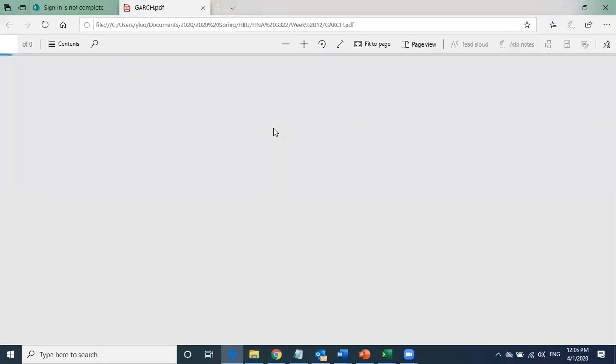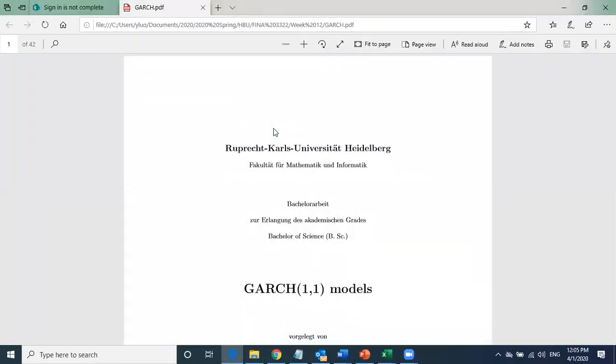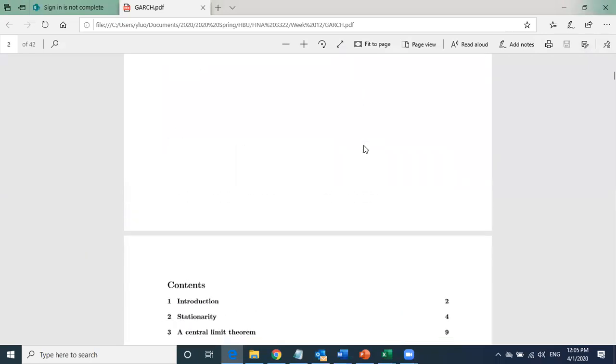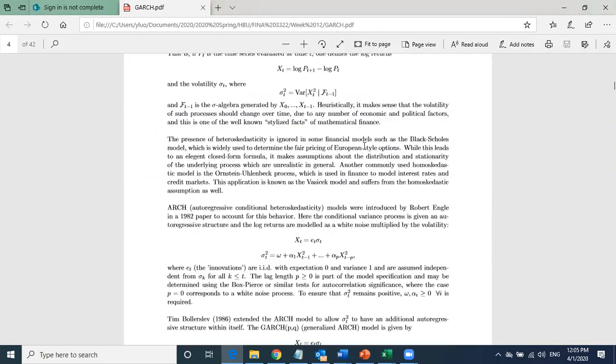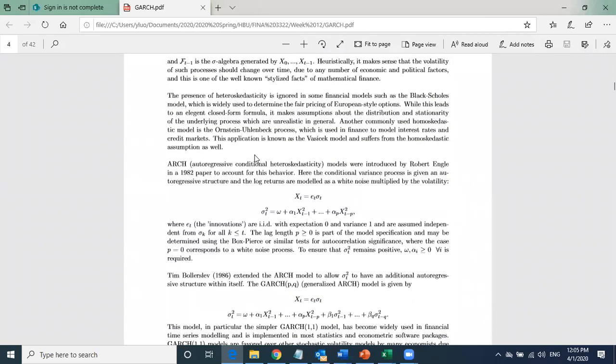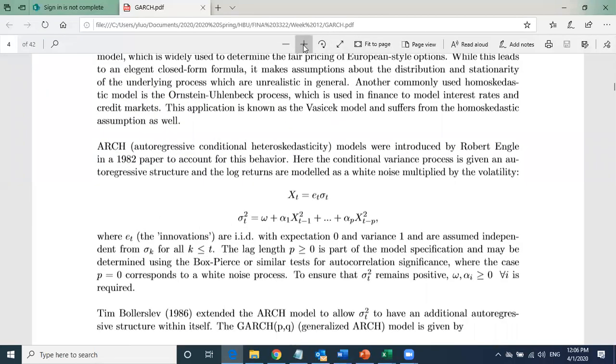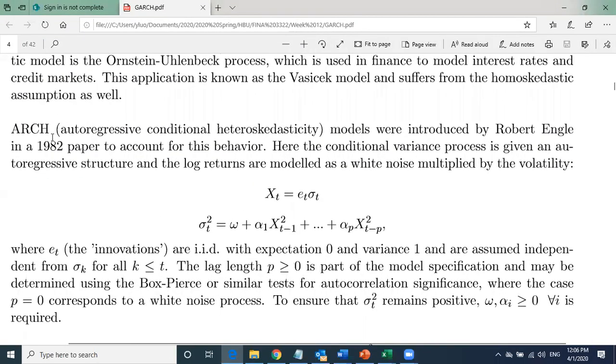The most important thing is why we introduce the GARCH model. First we code the ARCH model, which is autoregressive conditional heteroscedasticity. The ARCH model was first introduced by Robert Engle in 1982.